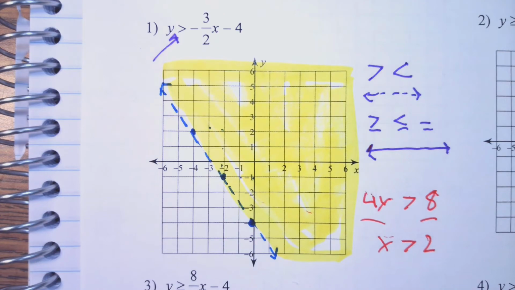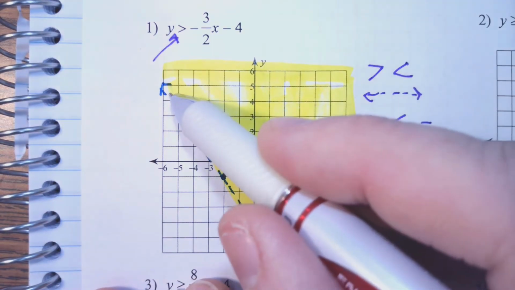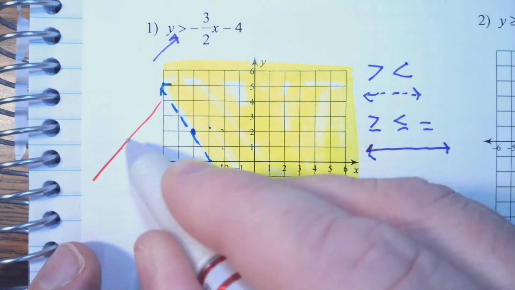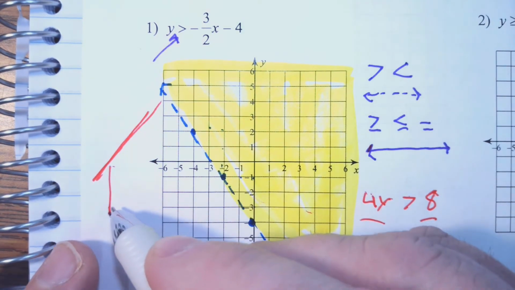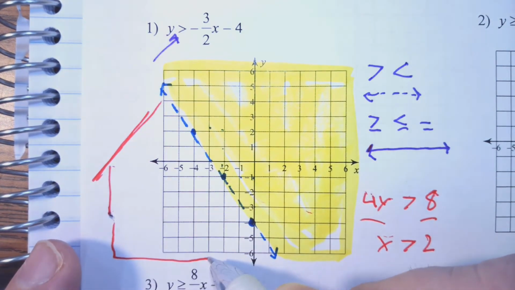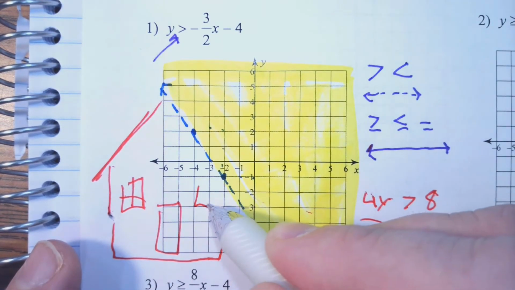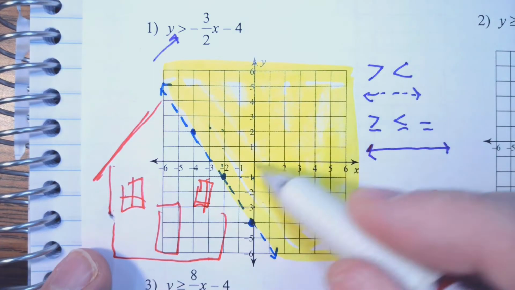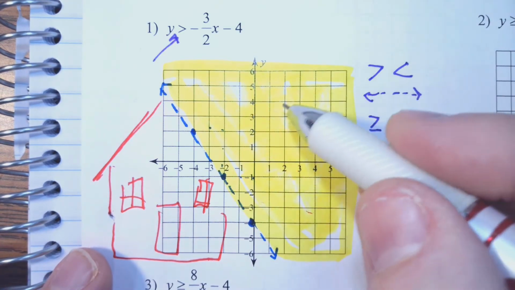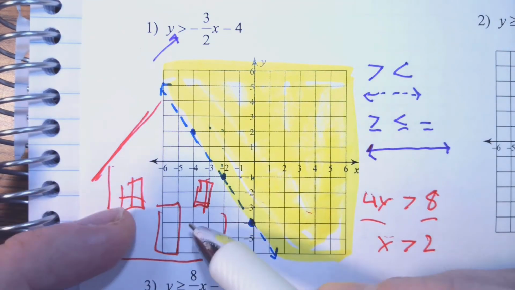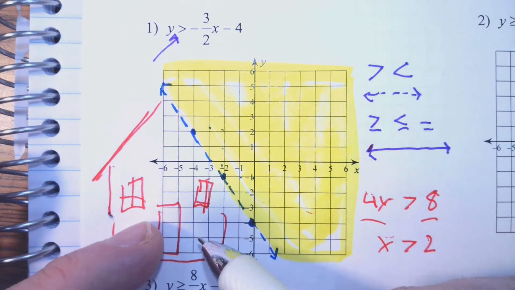And the way I like to look at it, I like to look at this as a roof for a house. So if I finish the house, it would look like this, yes? I could put a little door and a happy little window. Greater than, basically that's going to be outside the roof. That's where the rain is, right? Less than is going to be inside the house, all safe and protected.